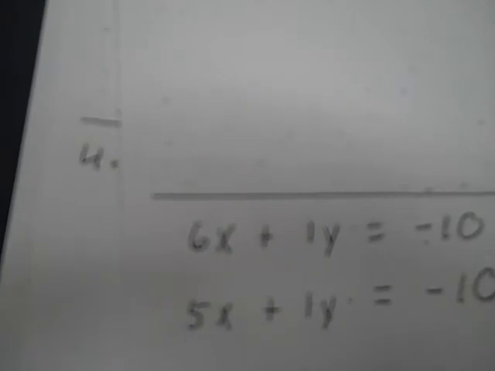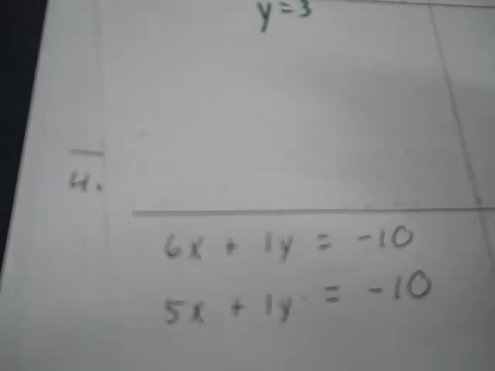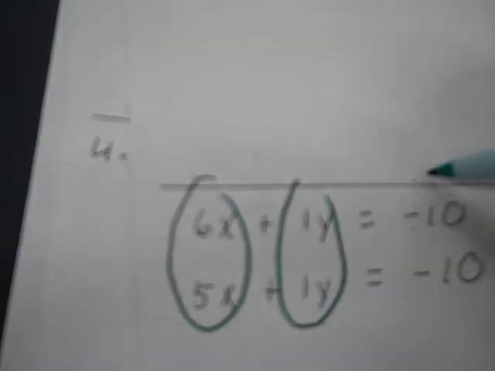Next problem. 6x plus 1y equals negative 10. 5x plus 1y equals negative 10. And then we plus. But don't write anything down until you get 0 here or here. Okay?